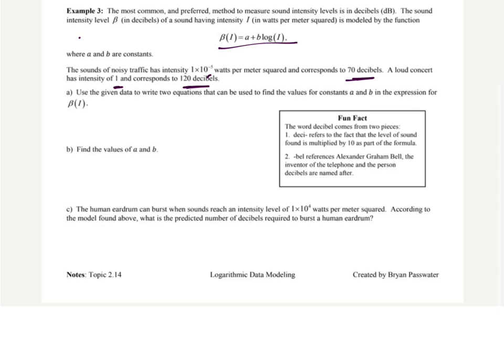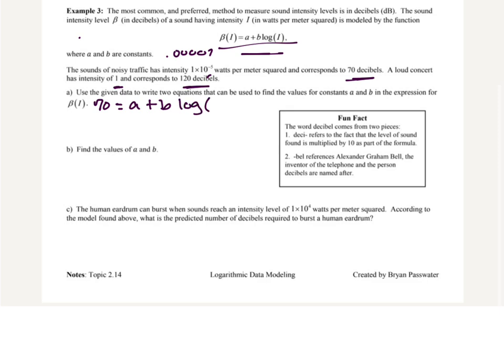Yes, we could. So for an input of 1 times 10 to the negative 5, I converted that earlier to 0.0001, and then I wish that I hadn't. Because watch, when we plug into this formula, it's helpful if it's 10 to the negative 5. So that corresponds to 70 decibels. My first equation is going to be 70 decibels is equal to A plus B log of that intensity.